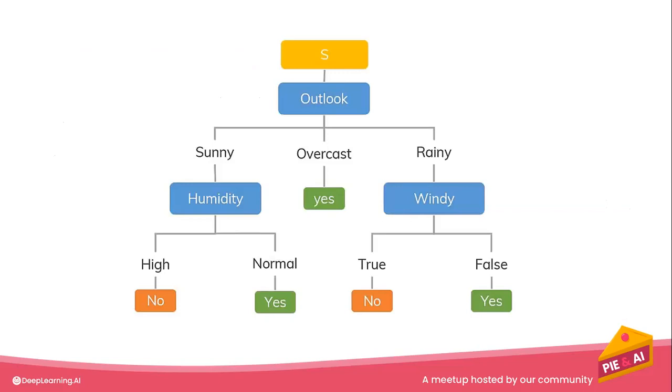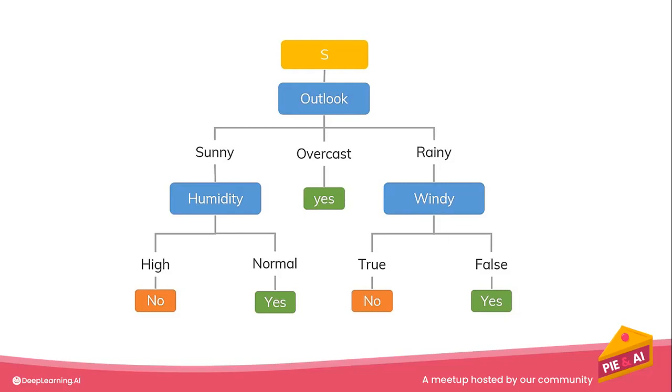This decision tree classifies Saturday mornings according to whether they are suitable for playing tennis or not. This is a really popular decision tree that is used in most of our machine learning classes. Here we have Outlook, and Outlook is the root node.